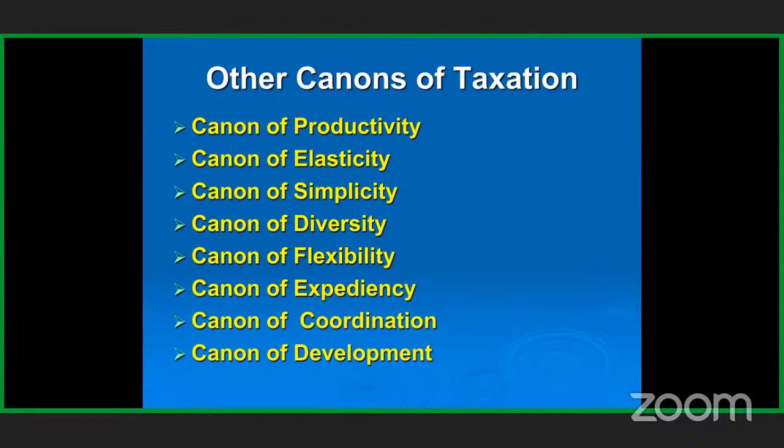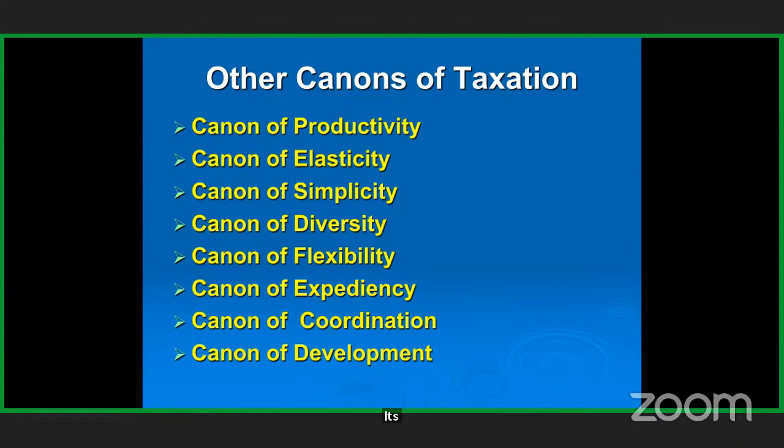So, if the revenue generated in the form of taxes is not enough to run the administration efficiently, it is not called a productive tax. The productive tax should be levied in order to accumulate a satisfactory amount for the government to run its administration efficiently.